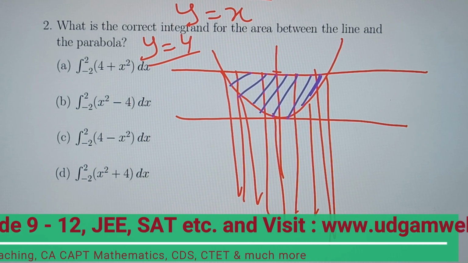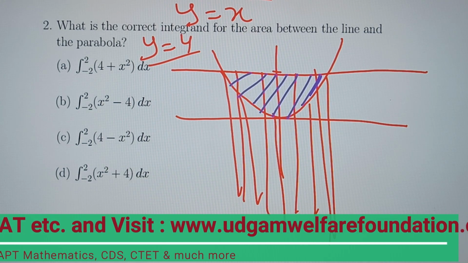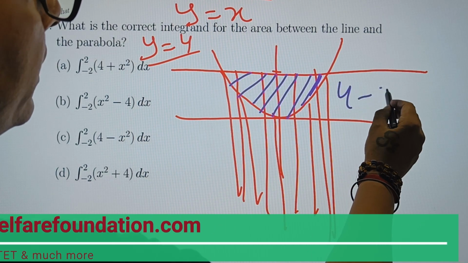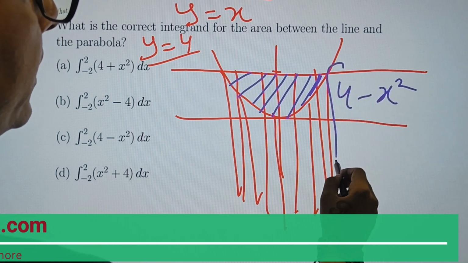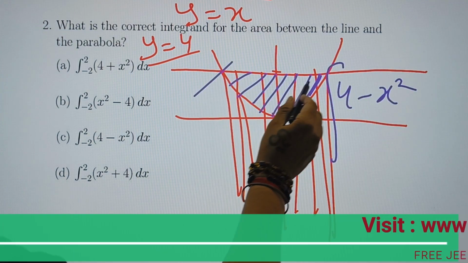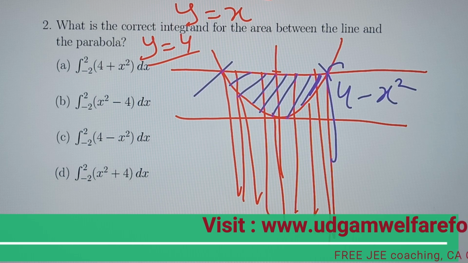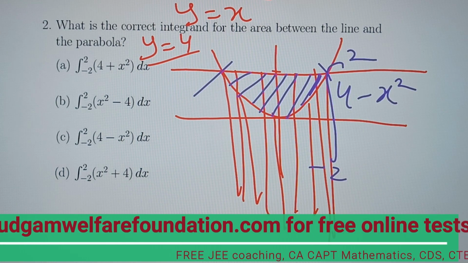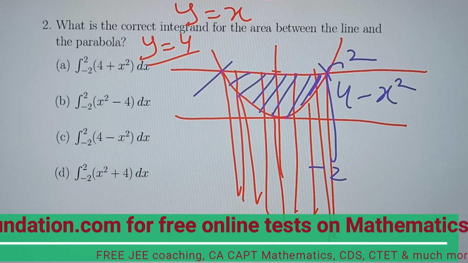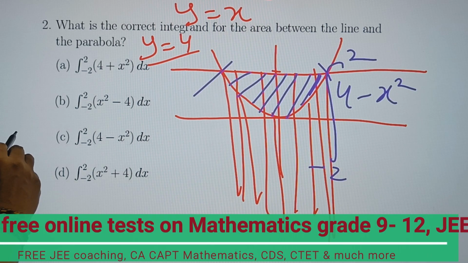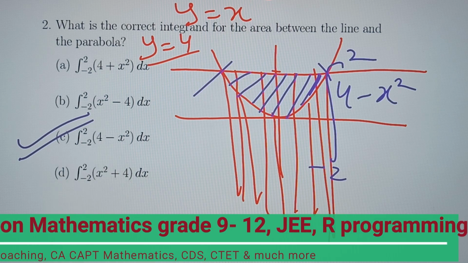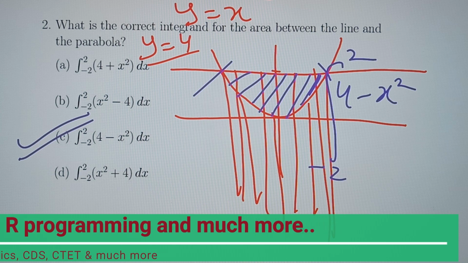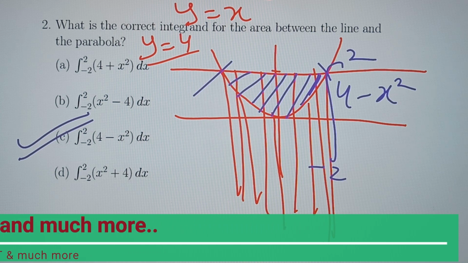That implies line minus parabolic curve, so the equation is 4 minus x square, and the limits are nothing but the points of intersection, which are minus 2 to 2. Hence option C is the correct answer here. C, integral from minus 2 to 2 of (4 minus x square) dx is the correct answer to find the area between the line and the parabola. I hope this concept is clear now.